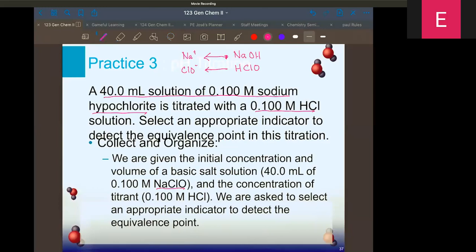This is not one of the 6 strong acids that you're supposed to know, so you're going to say this is a weak acid. You know all the weak acids if you know the 6 strong acids. Everything that is not one of those 6 is weak. So this is a weak acid, and this is its conjugate base.